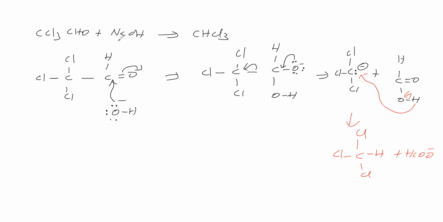So chloral on treating with sodium hydroxide gives chloroform. In the place of chloral, we can also take chloral hydrate. So from chloral, we get chloroform by treating with sodium hydroxide.